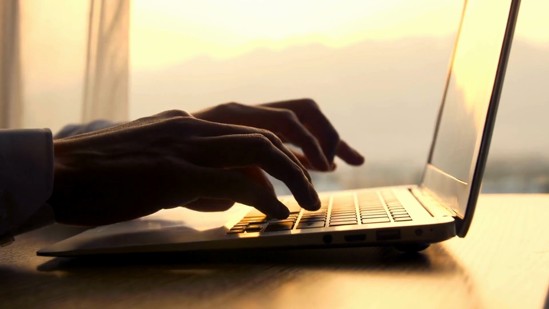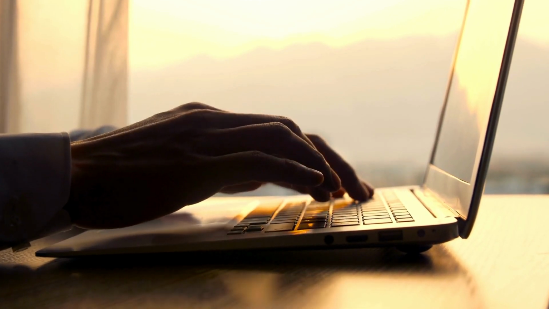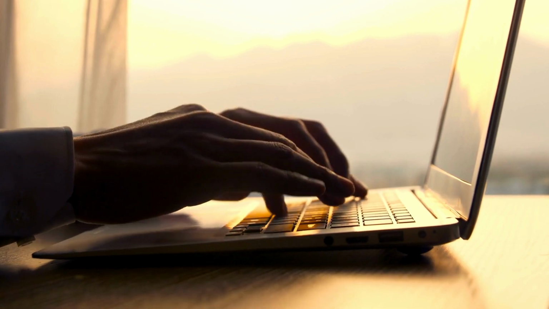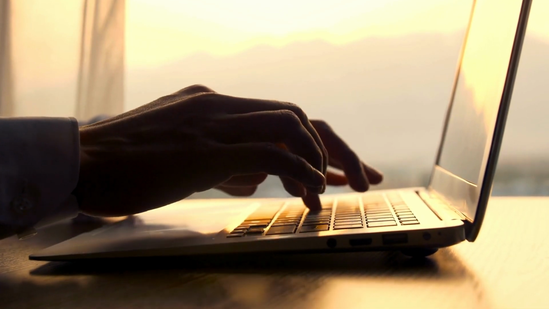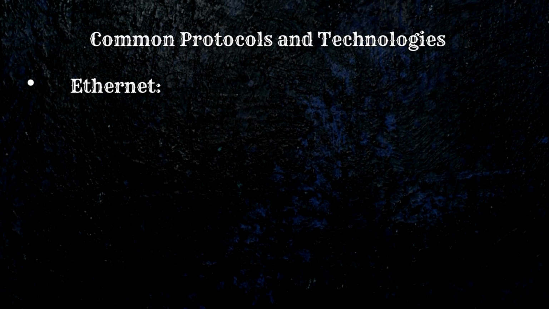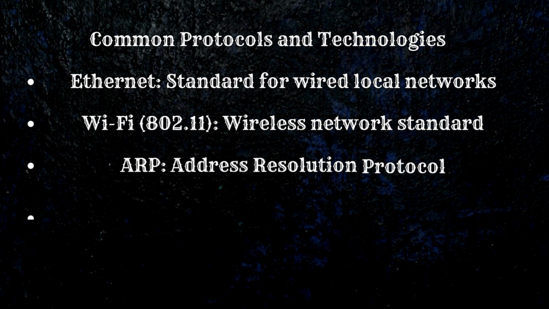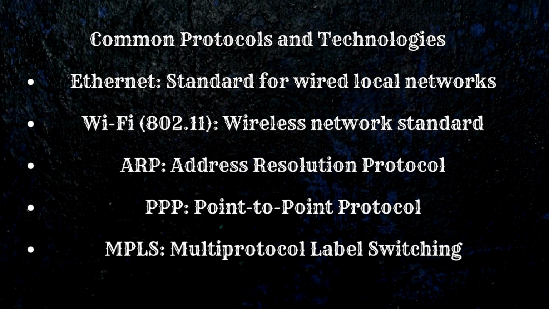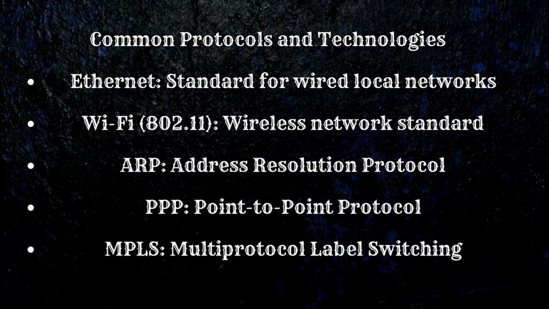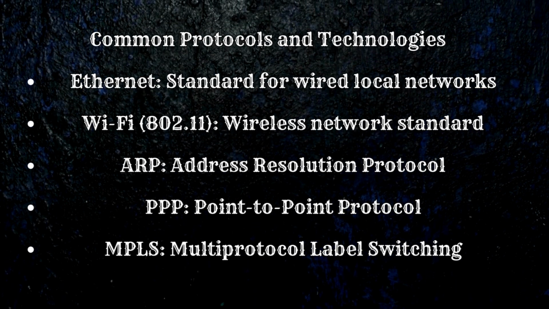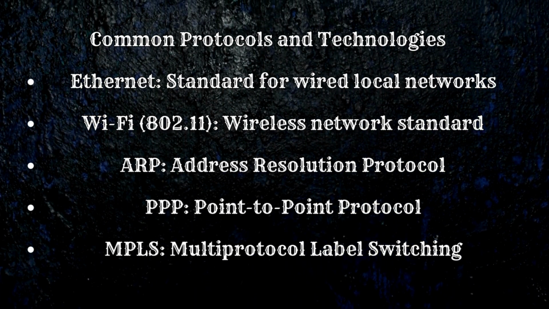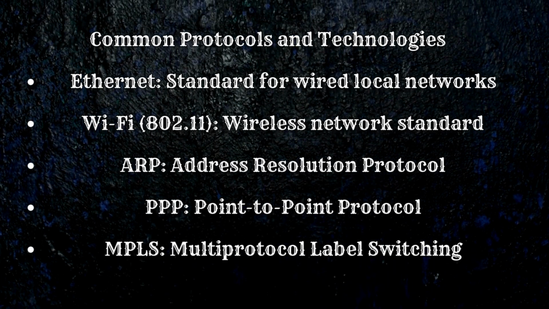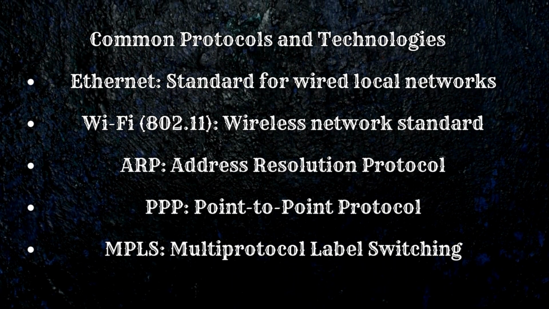When your laptop communicates with your home router, the data link layer uses MAC addresses to ensure the data gets to the correct physical device on your local network. Here are some common protocols. Ethernet, the standard for wired local networks. Wi-Fi, the 802.11s, the wireless network standards. ARP, Address Resolution Protocol. PPP, Point-to-Point Protocol.